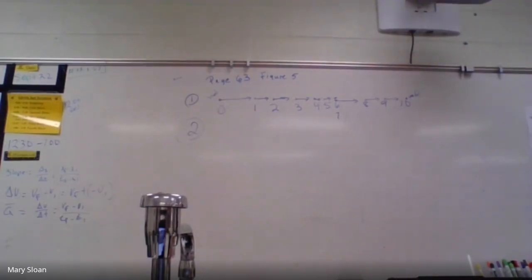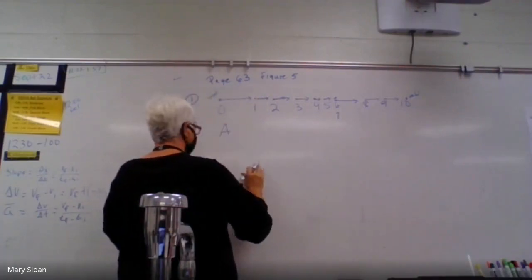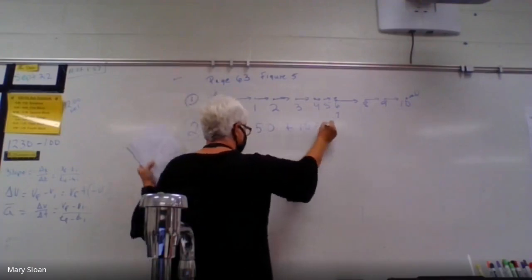Question number 2 says, using a velocity time graph of a toy train in figure 9, answer these questions. A, when is the train's speed constant? B, during which time interval is the train's acceleration positive? And C, when is the train's acceleration most negative? So for A, the train speed was constant from 5.0 to 15.0 seconds.